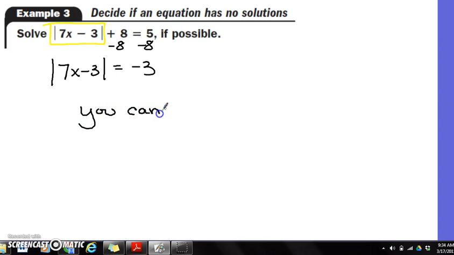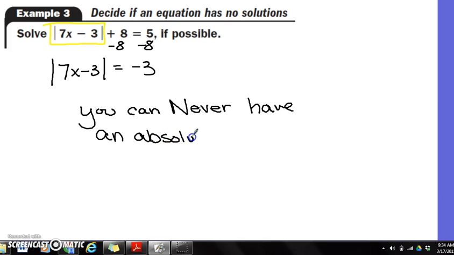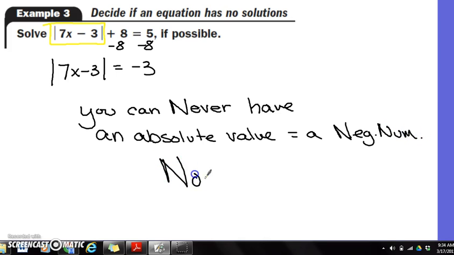You can never have an absolute value equal a negative number. So this is actually a no solution problem.